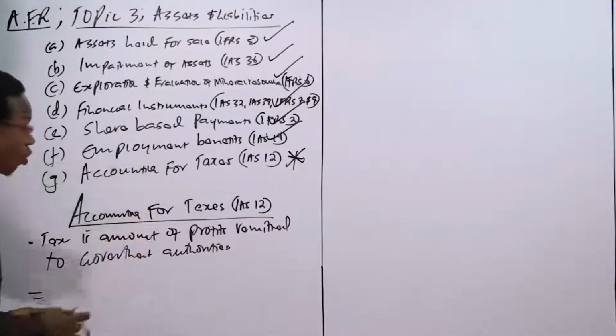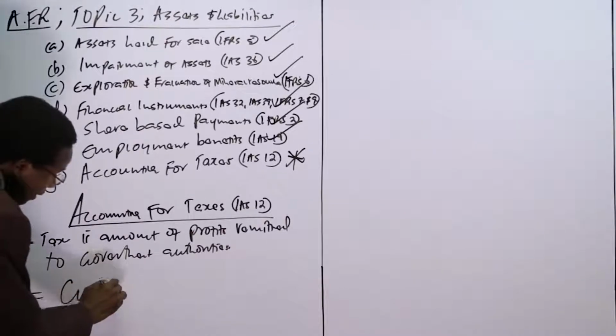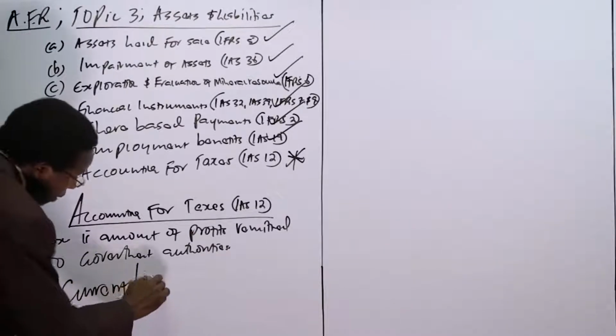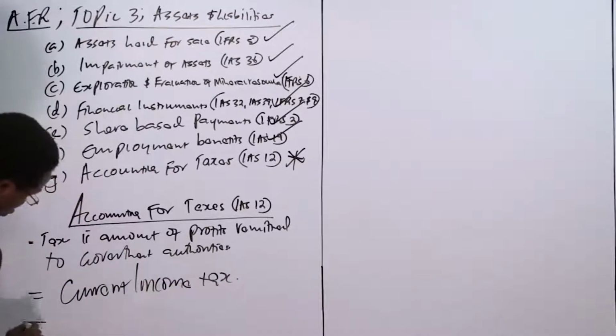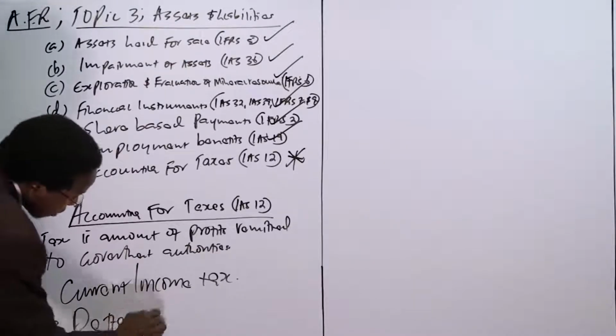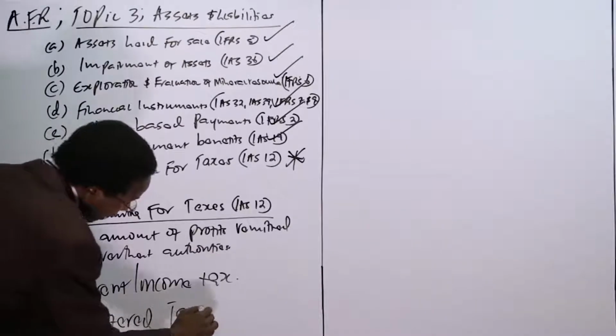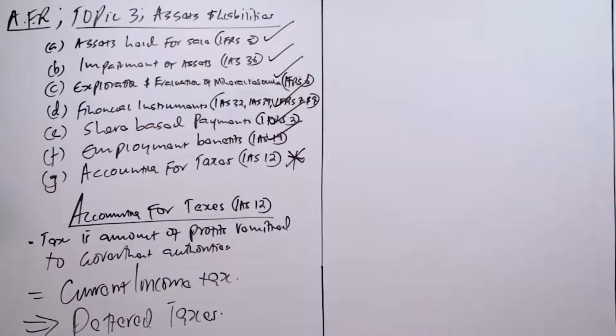When you talk of tax, we are concerned with the current, or income tax. Then we are also concerned with deferred taxes. Those are the main two items. How do we account for current or income tax? How do we account for deferred taxes? That's what we're concerned with.